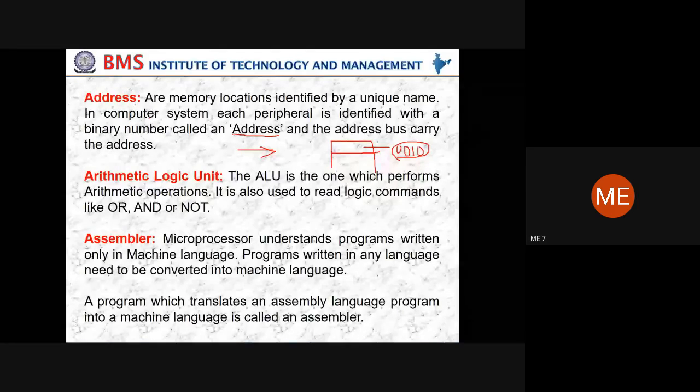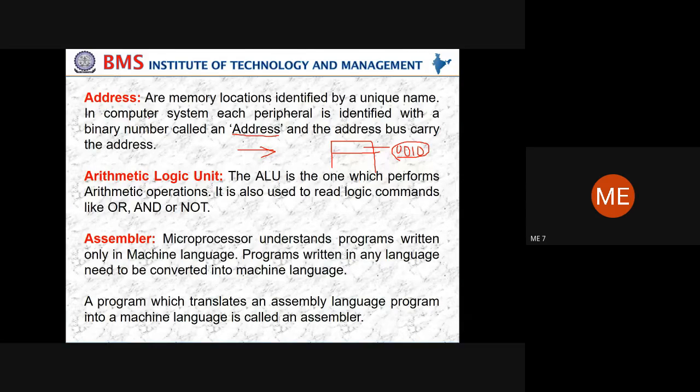Therefore, that many unique addresses need to be generated. That is 64K, 64 into 1024 memory locations with respect to the 8085 microprocessor. Generally the microprocessor is also specified by how many address lines it has.